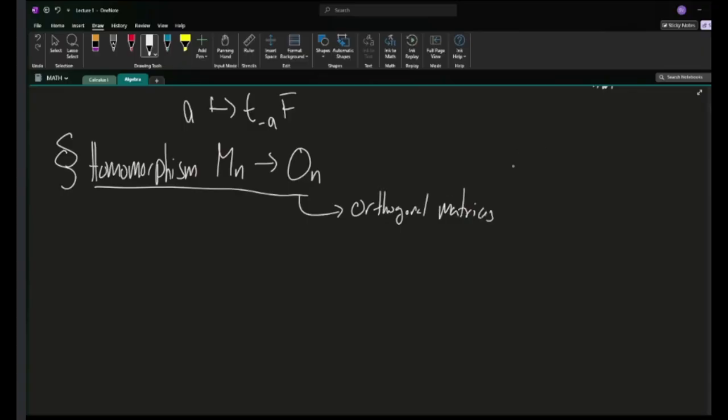And we're gonna reference M n as the set of all isometries in R n.